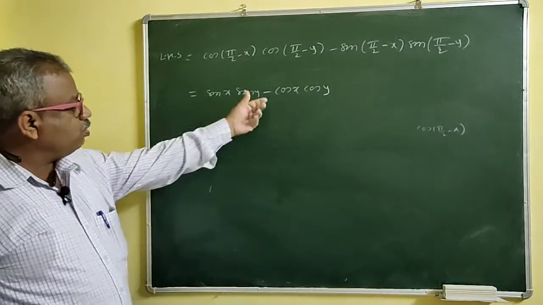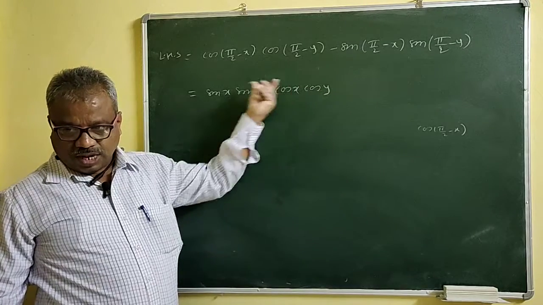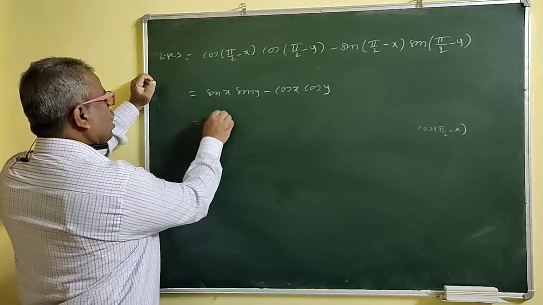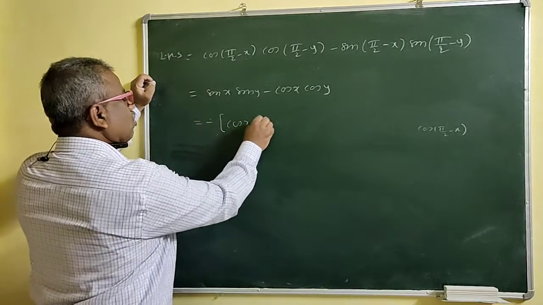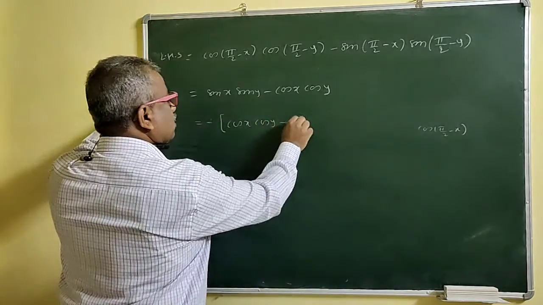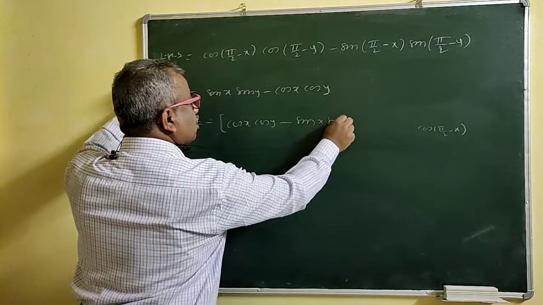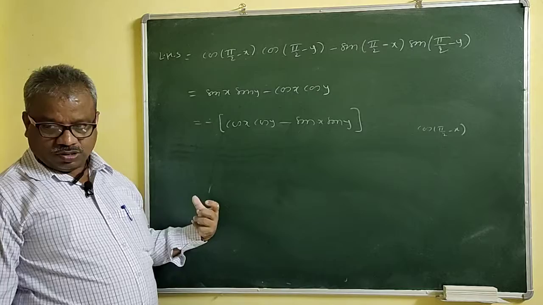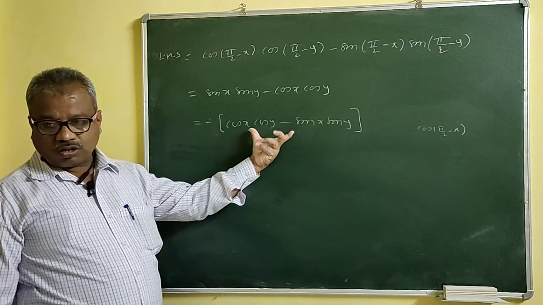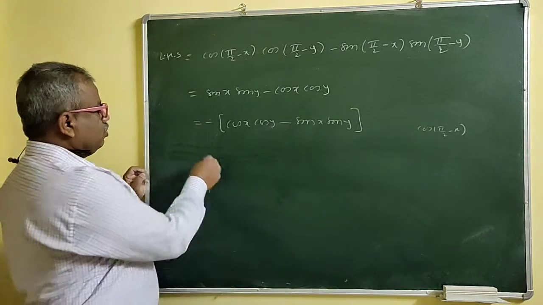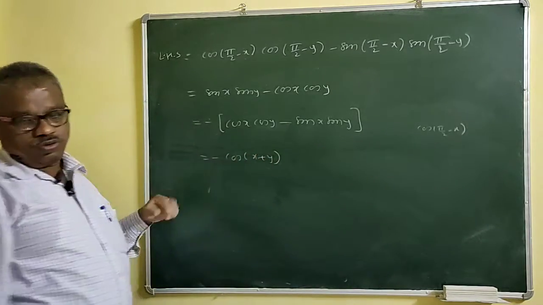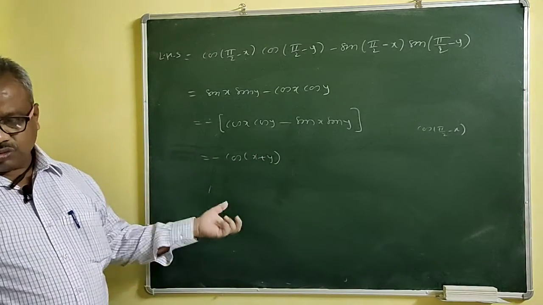Now we have cos together and sin together. We take the minus sign common, and now this is cos x cos y minus sin x sin y. We have to apply the formula in reverse also. So this is the formula for cos of x plus y. So this is minus cos of x plus y. You should apply the formula in both ways, right?